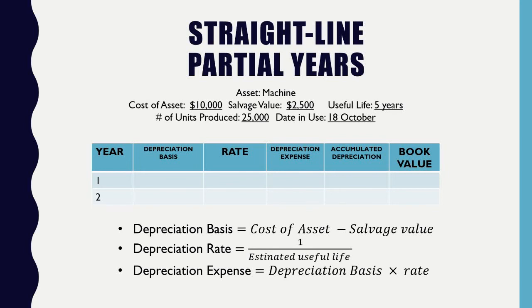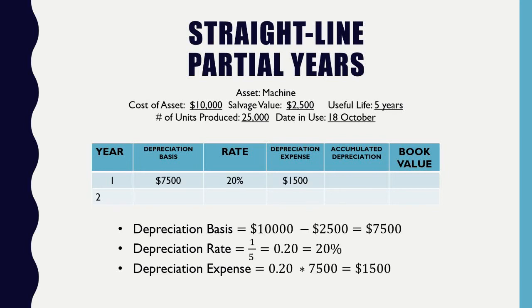So I'm going to solve for the same standard stuff. The depreciation basis, once again, is 10,000 minus 2,500, giving you 7,500. Multiply by 1 over its estimated useful life, which is 5 years, so it's 20%. And if you multiply 7,500 by 20%, it gives you 1,500.